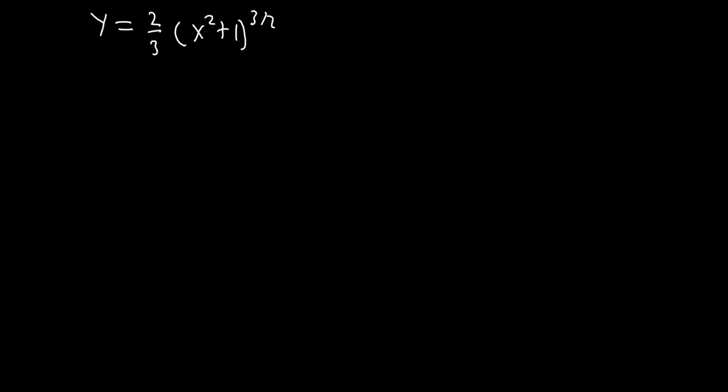Now, before we do anything, remember, you have to take the derivative of all of this. Now, the derivative of all of this is just going to be equal to x squared plus 1, remember chain rule, all raised to the 1/2 power, because we do 2 over 3 times 3 over 2, which is just 1, and then 3 over 2 minus 1, which is just 1/2.